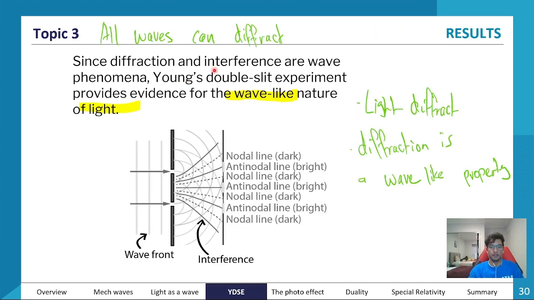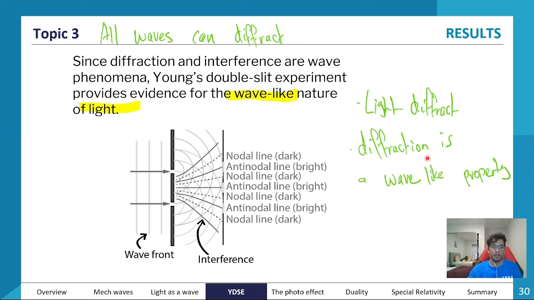If you're answering a question, the most common question with this is something along the lines of what does Thomas Young's experiment show about the wave-like nature of light? And then you would say something along the lines of Thomas Young's experiment shows that light is diffracting, and diffraction is a wave-like property.